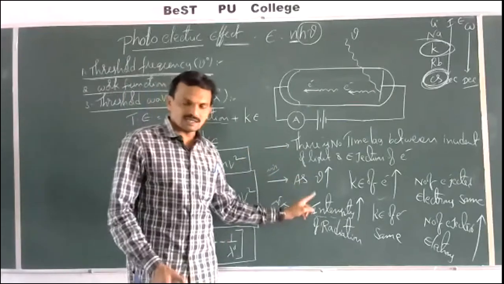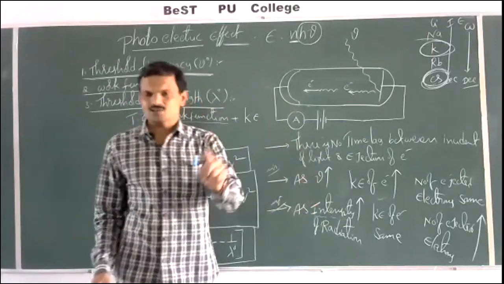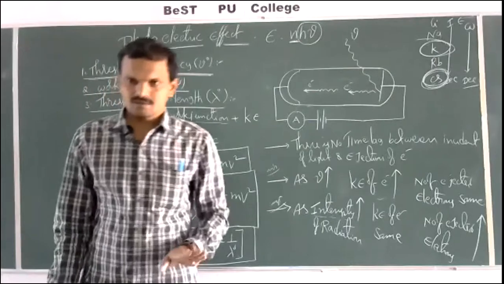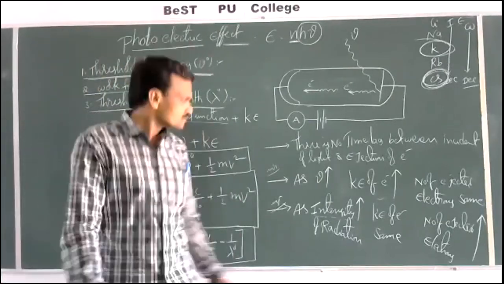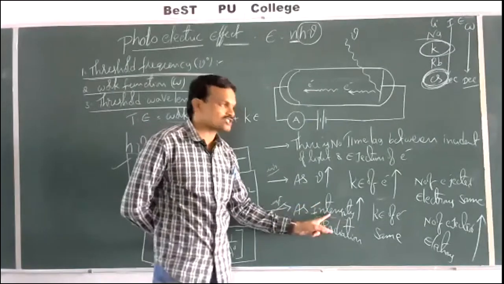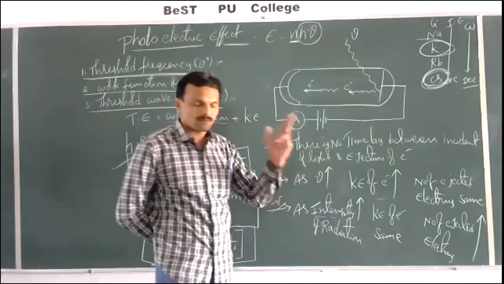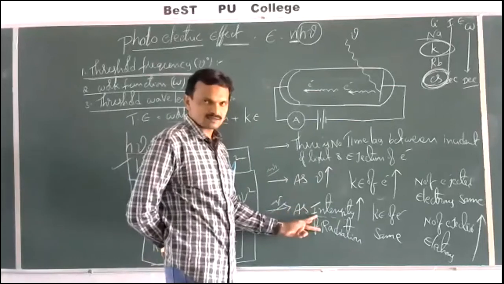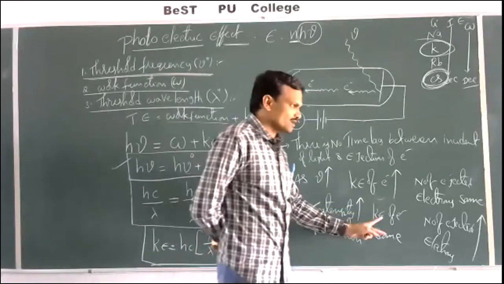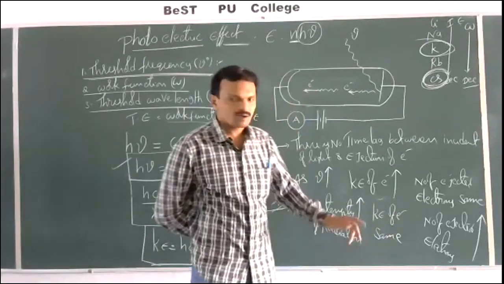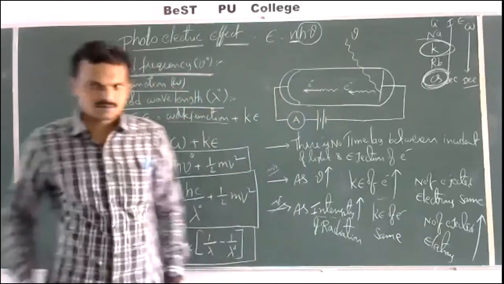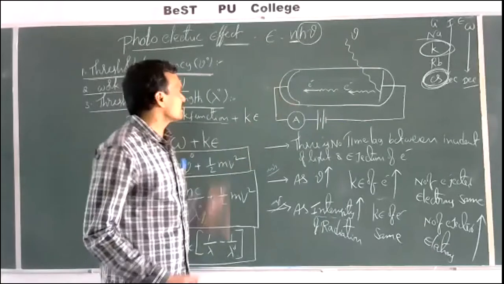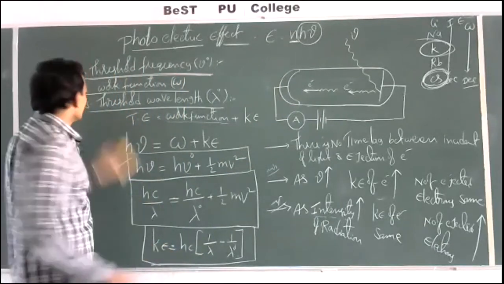As frequency increases, the kinetic energy of the ejected electron increases, but the number of ejected electrons remains the same. As the intensity of radiation increases, that means as the number of photons increases, the kinetic energy of the ejected electron remains the same, but the number of ejected electrons increases. So these are some characteristic features of the photoelectric effect.